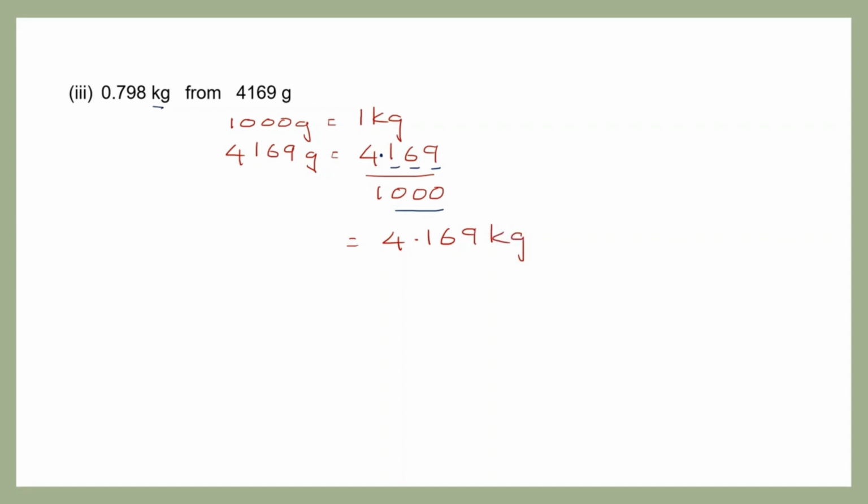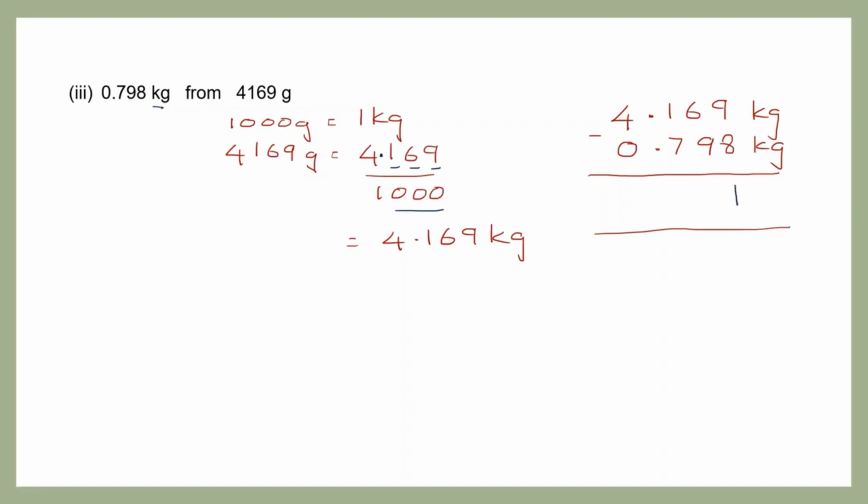So let me write this one first. 4.169 kilograms. The other number below this, 0.798 kilograms. Now let me subtract both these numbers. They are like decimals, so I don't have to add zeros. 9 minus 8 is 1. 6 minus 9 I cannot do. I'm going to borrow.